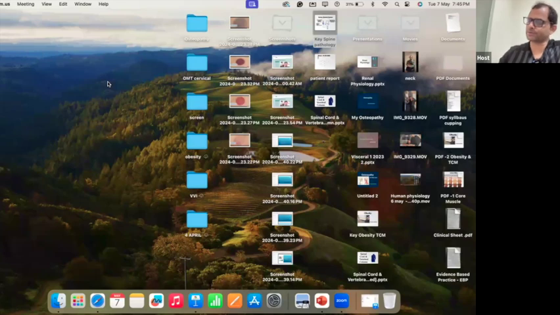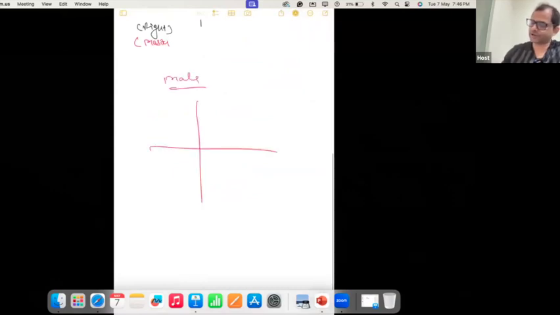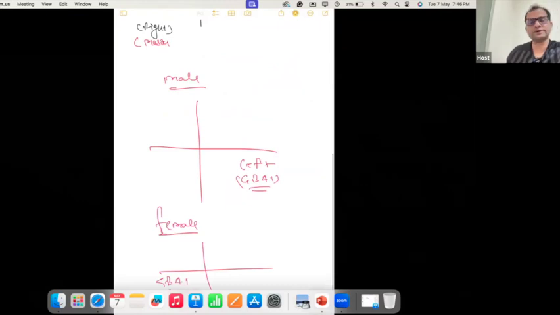So what we can do, we can put this point for male on the left side, and for female we can put on the right side, right?